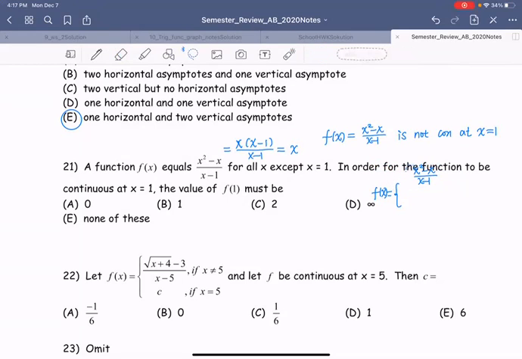I know that this guy doesn't exist at x equals 1, but I'm going to fill the hole, because if I make this guy equal to 1, that's going to make my hole filled, correct? Yeah. This gets canceled, your value becomes 1, right? Correct?